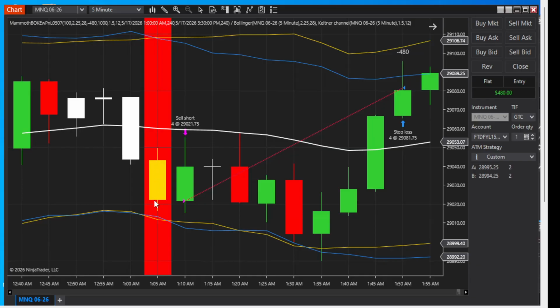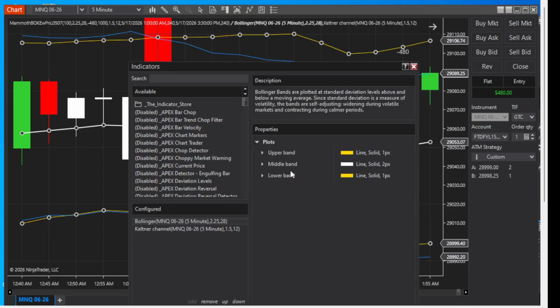Also the current bar's close is less than the previous bar's close, and also the mid band, which is the color in white, is the Bollinger Band. See those two indicators right here.